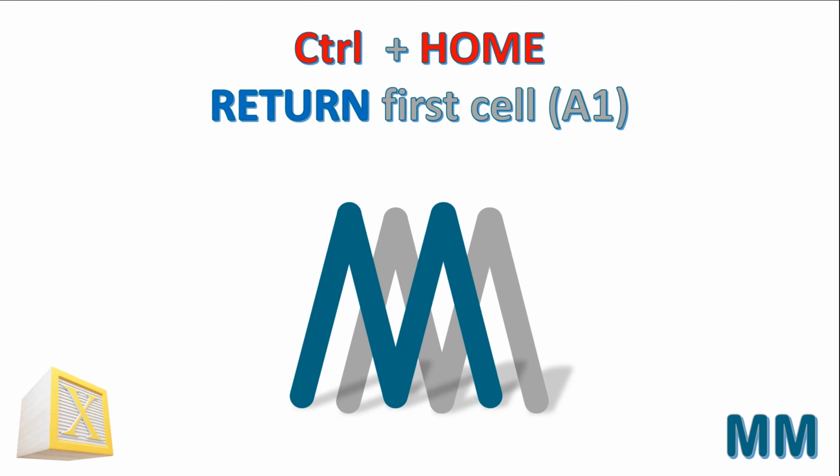But I would like to add here that if you have, for instance, a dynamic table, and you have a header for your dynamic table, as you always have, because you cannot have a dynamic table without a header, then by pressing Ctrl Home, we return to the first cell with data.